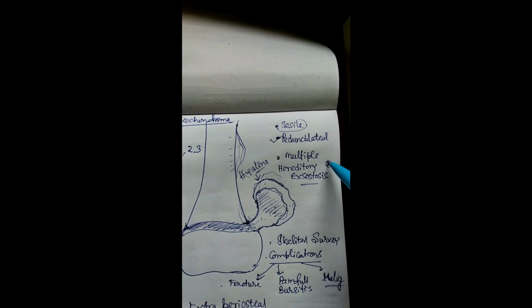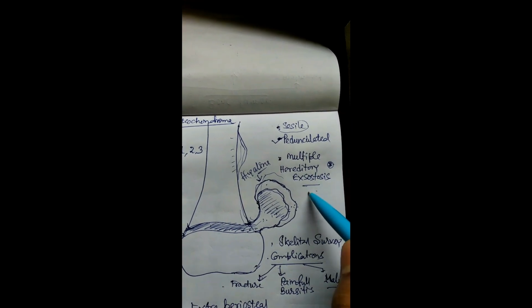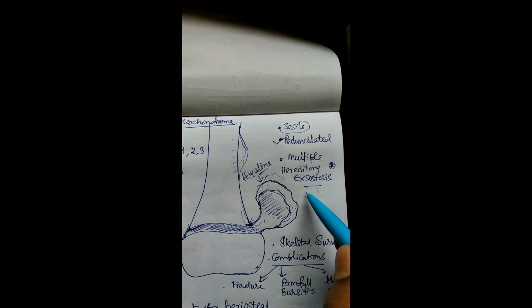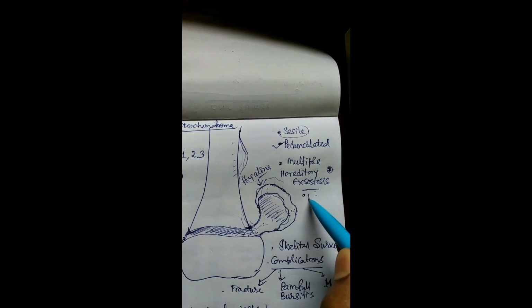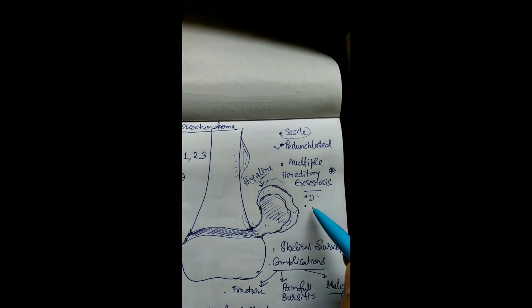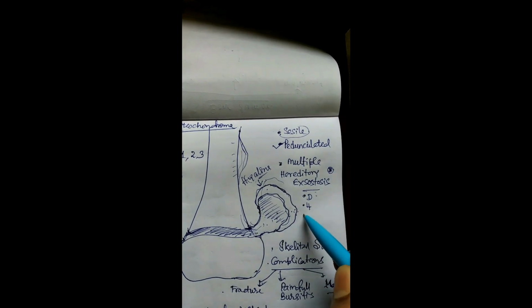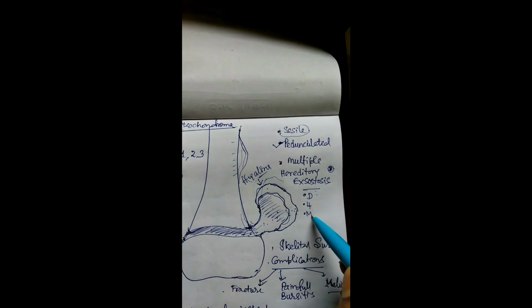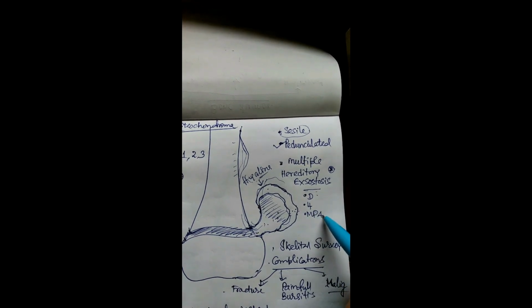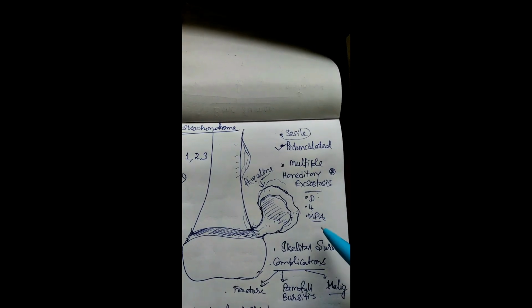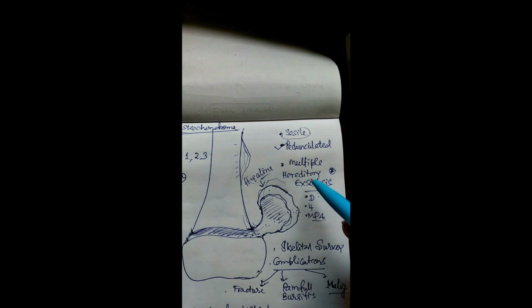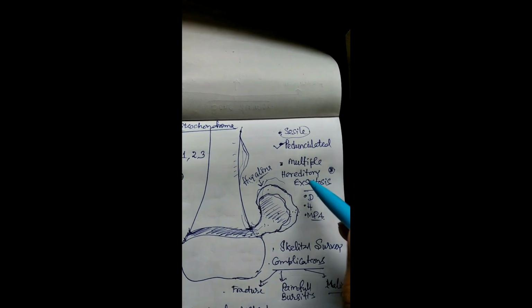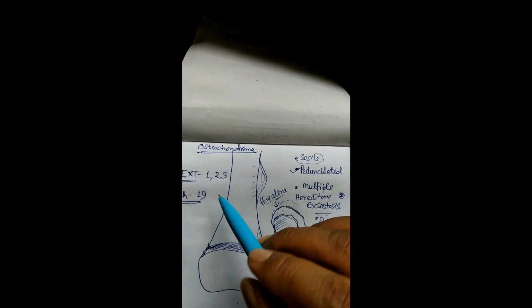This is an important topic because it has three important points. One is dwarfism, second is hereditary, third is multiple periarticular involvement. Multiple periarticular means around the joint there is multiple involvement in case of hereditary multiple exostosis.